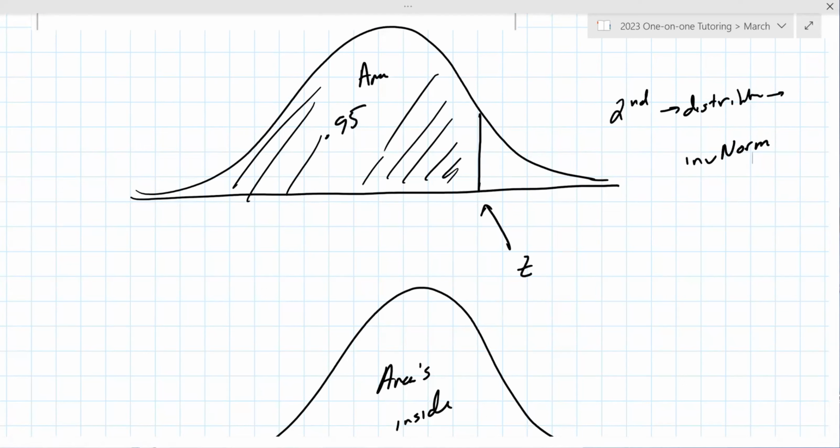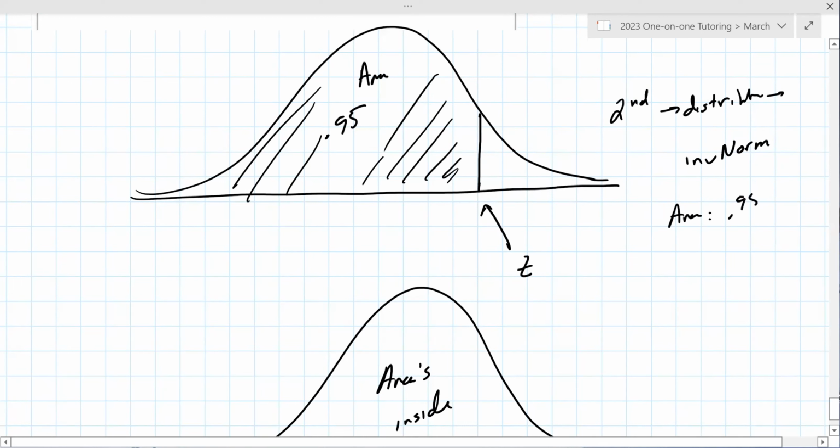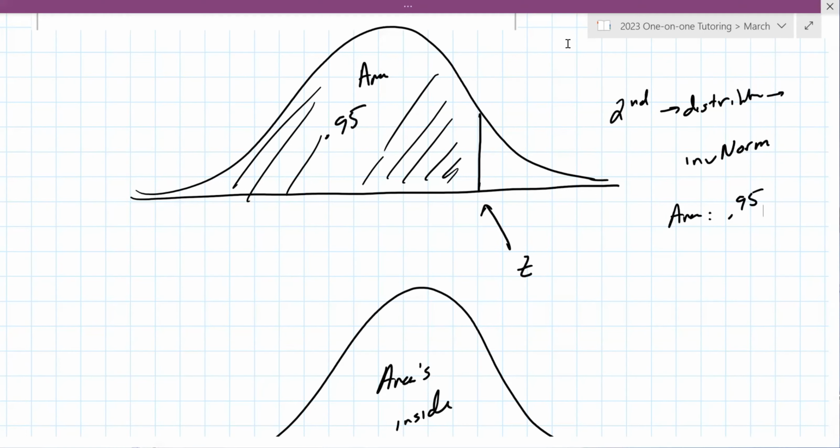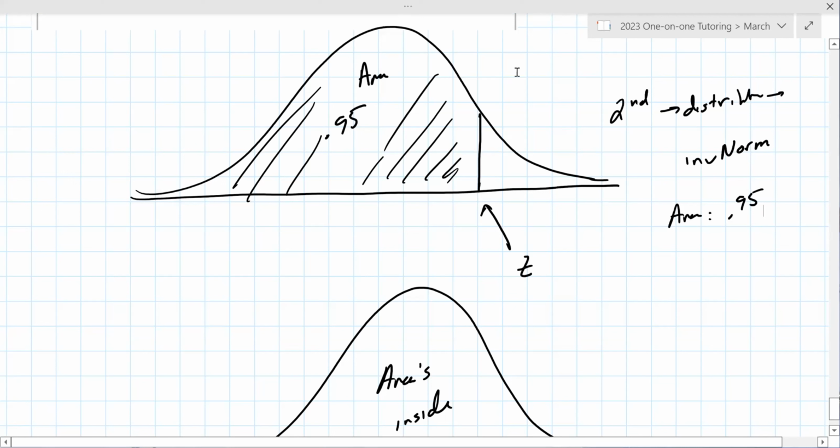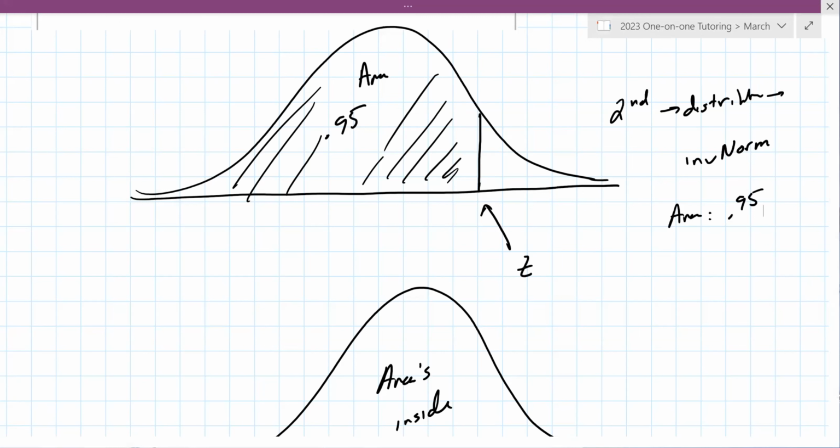The area, so you just put 0.95 because it already gives the other 0, 1. I think it asks for left tail, right tail, or between. No, it just asks for area.